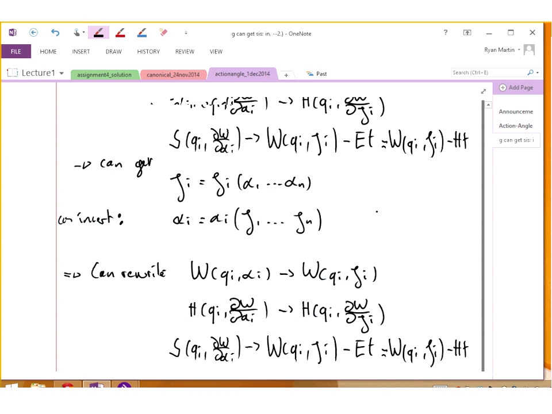All right, this is for a canonical transformation of the second type.